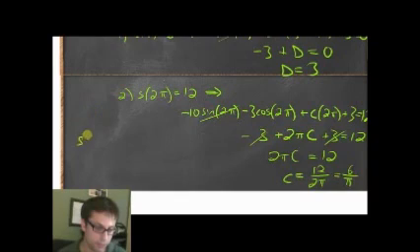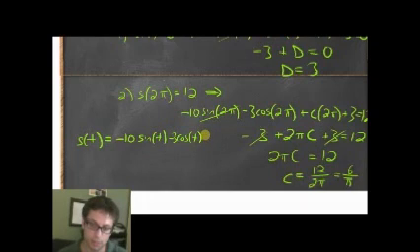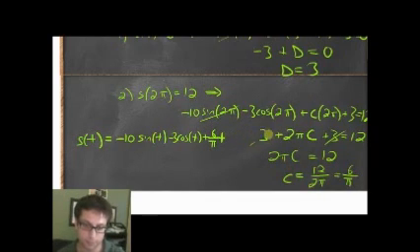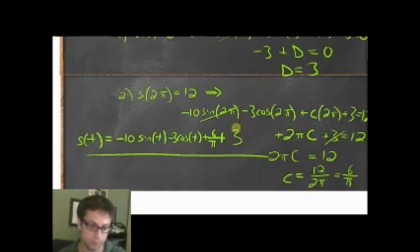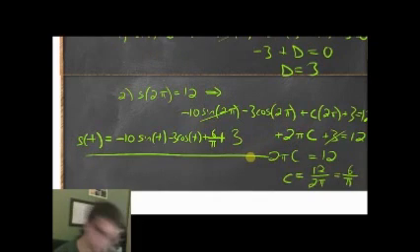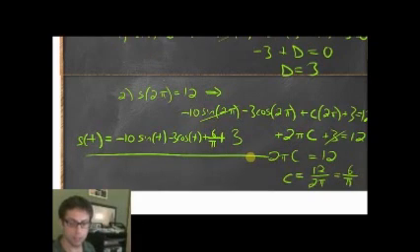So final answer, s of t is negative 10 sine t minus 3 cosine t plus 6 over pi t, and then plus d, which is 3. Let me check to make sure that it is correct. It is correct. So any questions on that one?